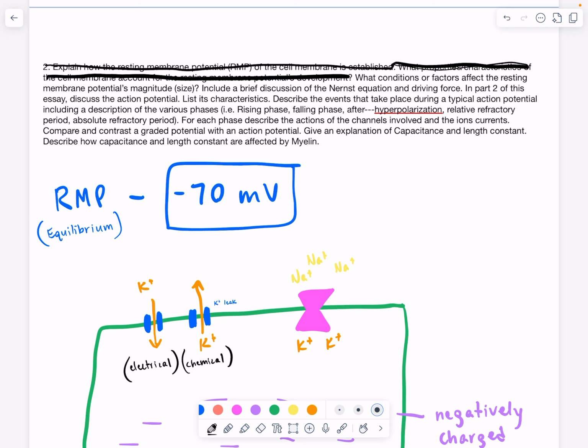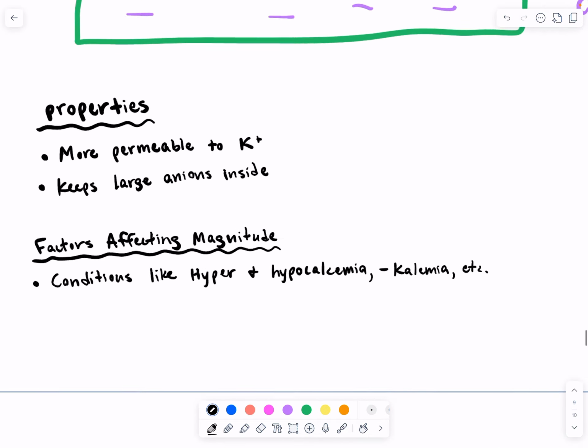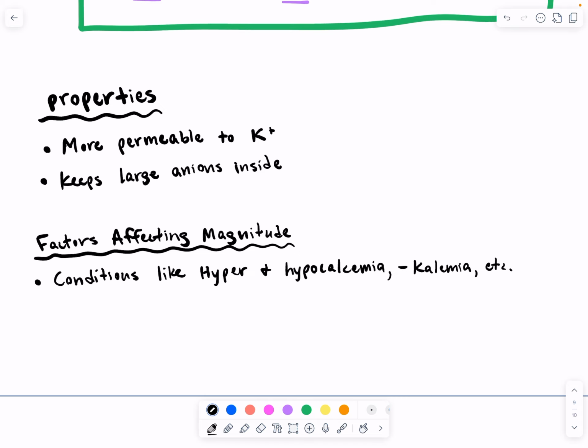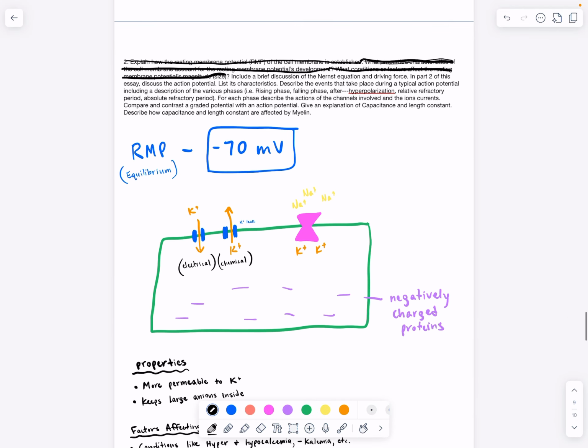Now, factors that affect the resting membrane potential, and the factors that affect the magnitude. Some of these factors can include conditions like hyper or hypocalcemia, hypokalemia, or hypernatremia, various things. And basically what that's referring to is the outside of the cell membrane.